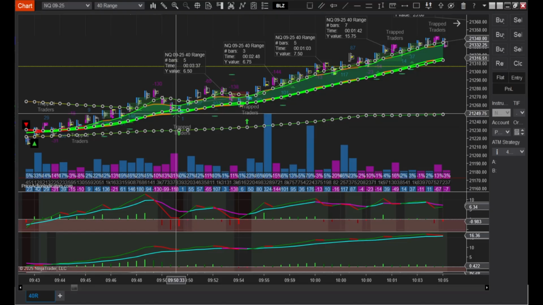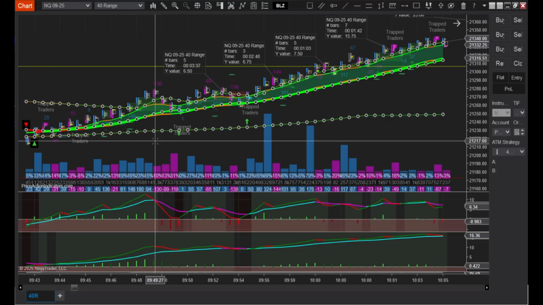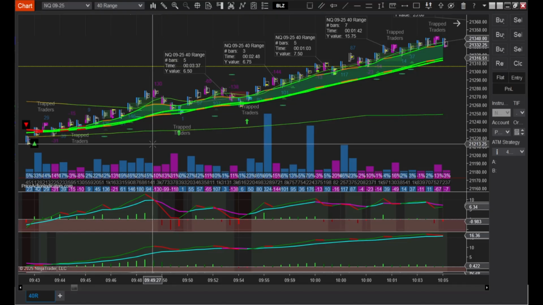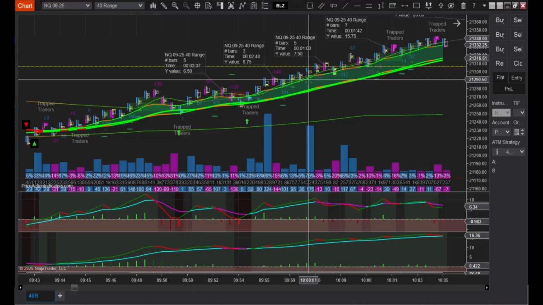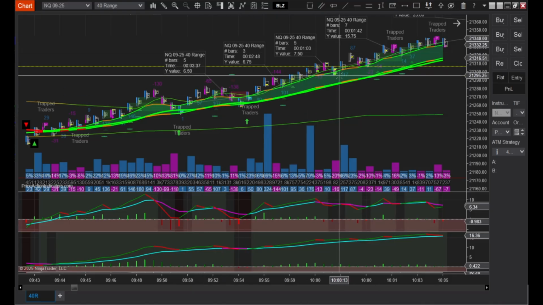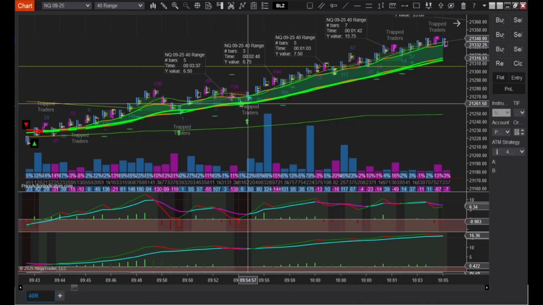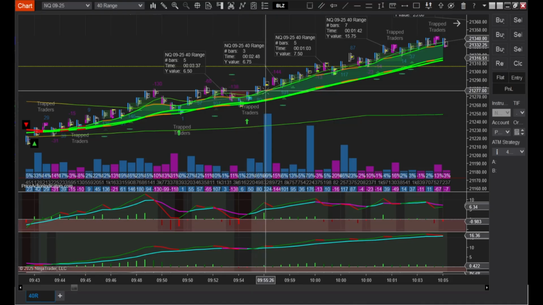When everything is green on the momentum track, we're going long. All right? We're able to actually stay in this trade longer if you don't want to trail it so tight.